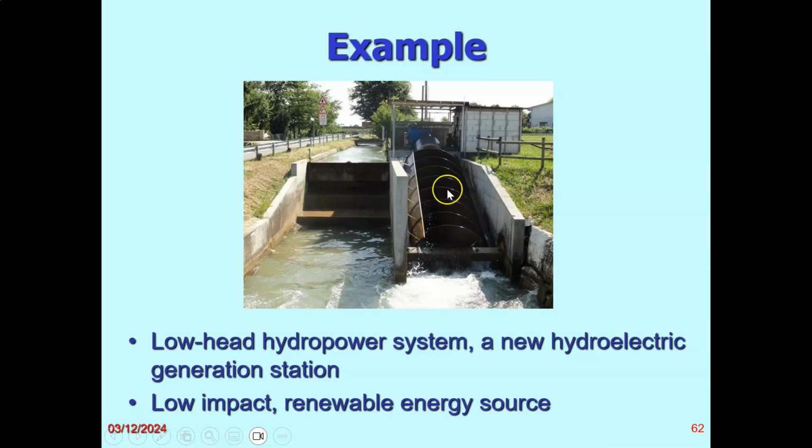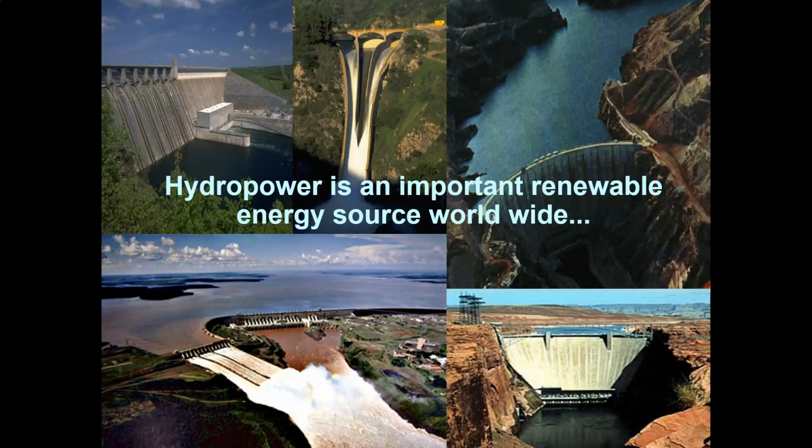You can have the solution of installing more than one hydroelectric turbine in parallel, so you can play depending on the flow of the river. You can adjust the amount of water by selecting how many hydroelectric stations are working in parallel. It is another way of installing different systems.